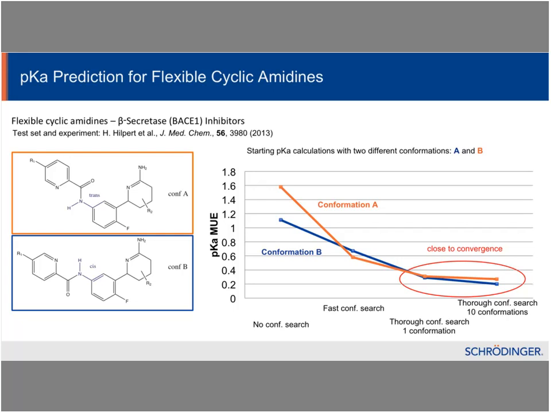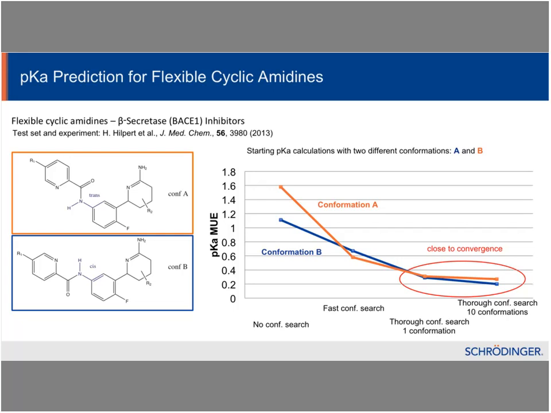When I mentioned that we needed to compute conformations using a thorough conformational search, I was serious about this, because if you don't do a conformational search, for example, if you start with 2 different conformations, your results will depend on the conformation you start from.